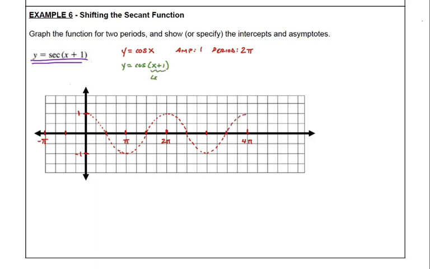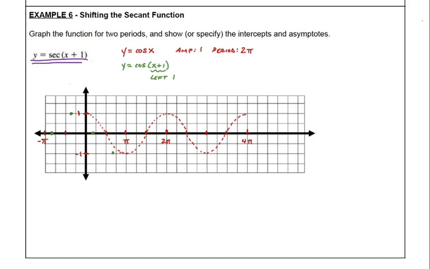And then if I want to shift that to the left 1, the way that I'm going to do that is, if 4 boxes is pi, that means every box is pi divided by 4, essentially.